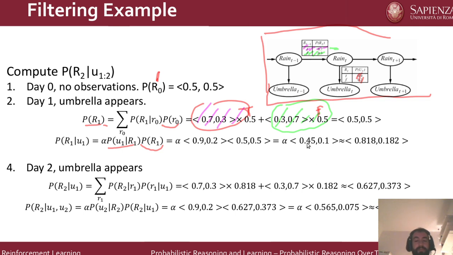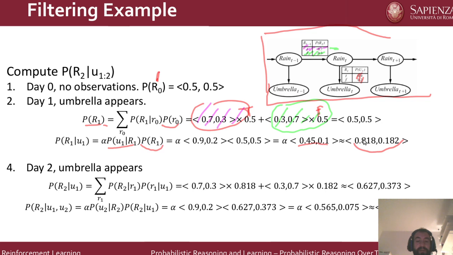So we do our computation, we get these values, and we normalize them. How do we normalize? We divide each individual value by the sum of 0.45 and 0.1, so that they sum to 1, and these are the values that we get.